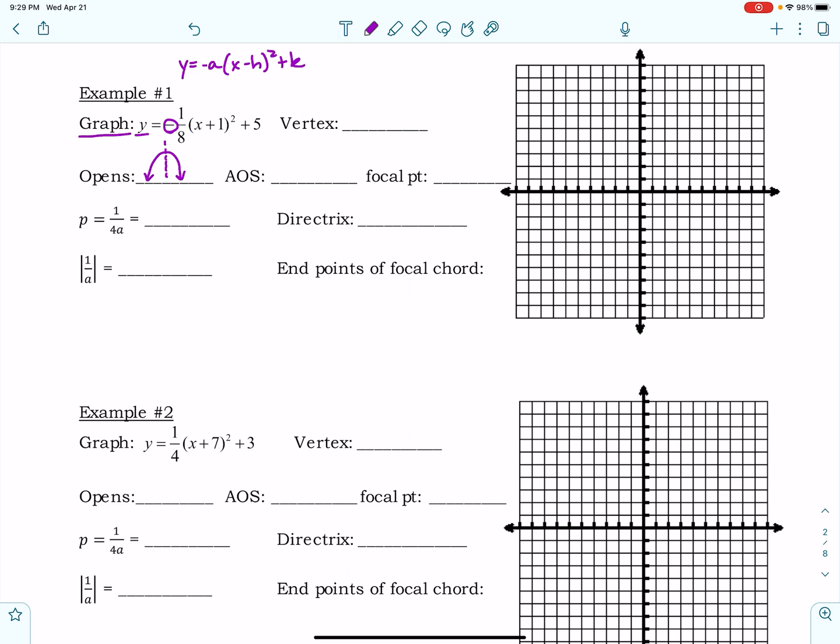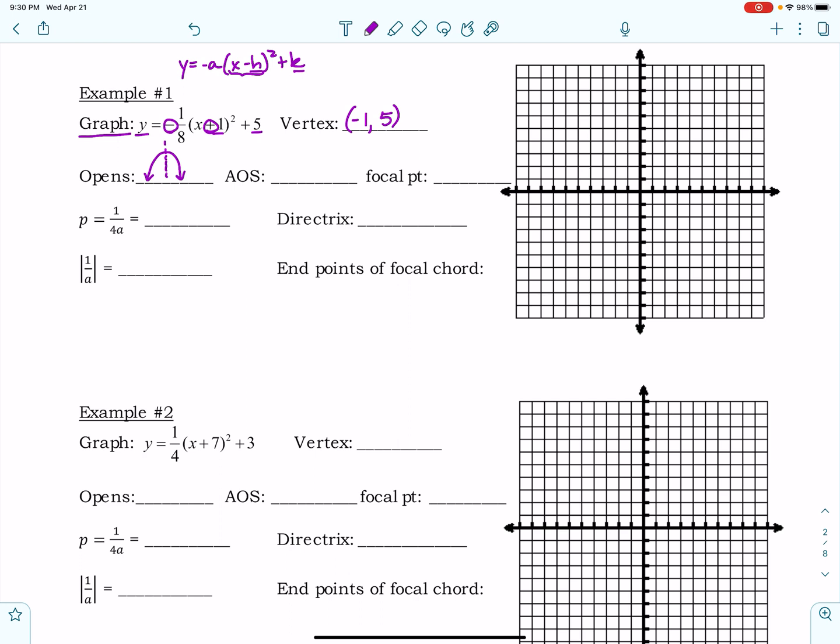All right, so our vertex, this is the x value because that's h, and this is the y value because that's k. So the vertex, of course, is going to be -1, +5. The reason it's -1 is because the formula is x minus h. So if there's a positive here, that means a negative had to be substituted in.